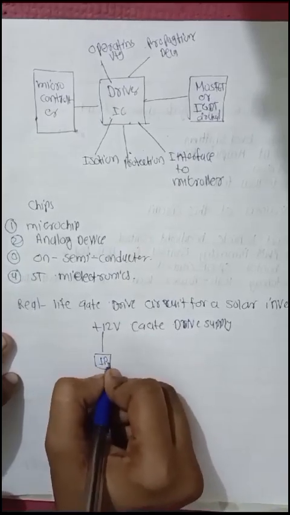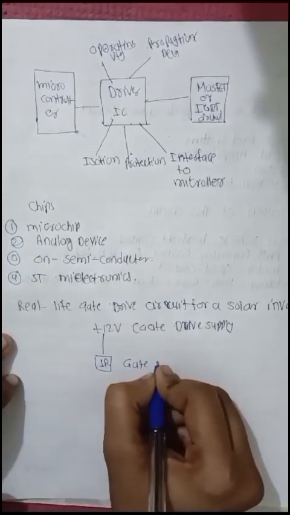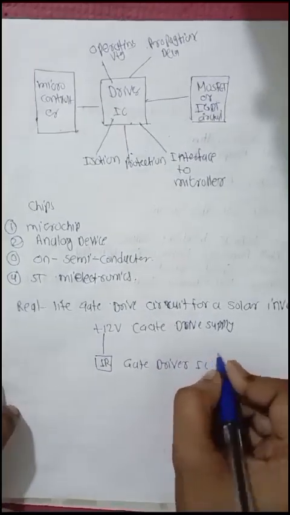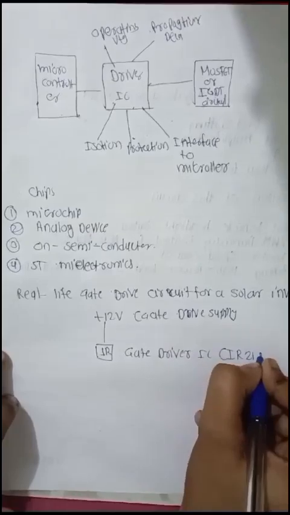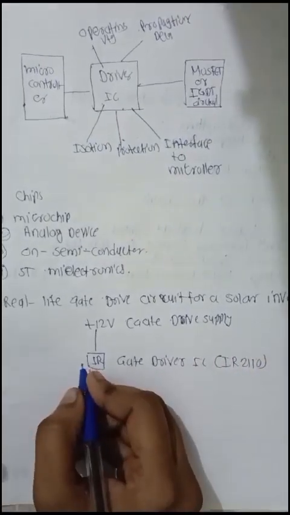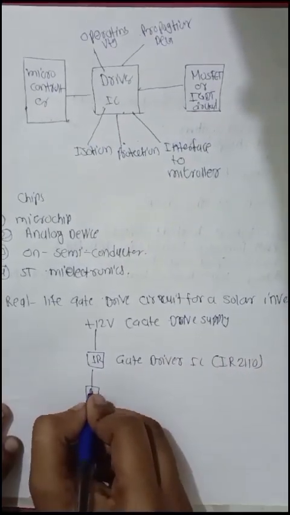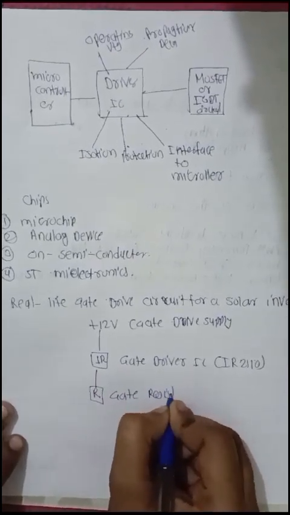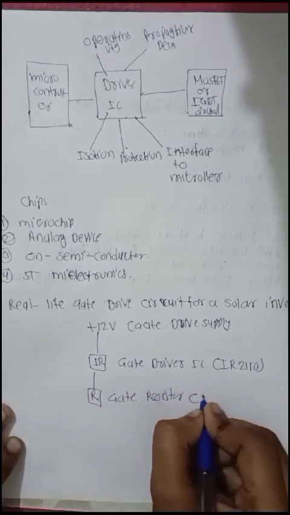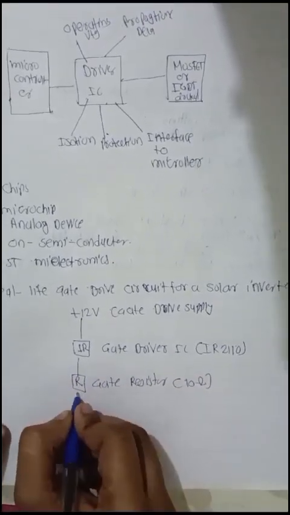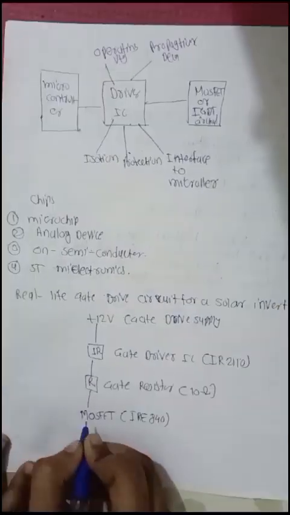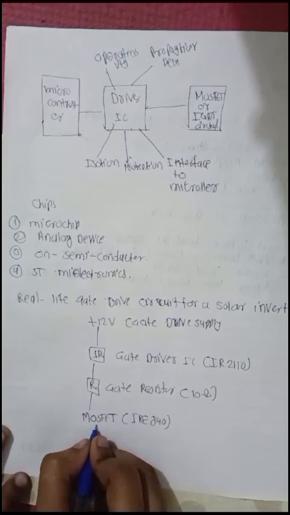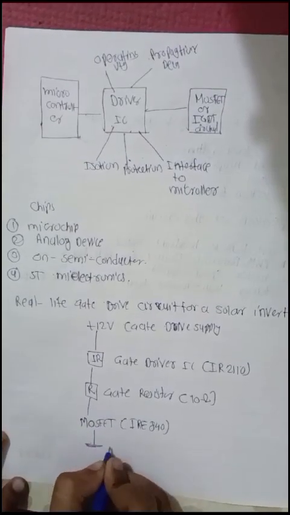Here is an IR gate driver IC, the number is IR2112. Then here is the gate resistor, with a range of 10 ohm. Here is a MOSFET, IRF840, and here is the source.